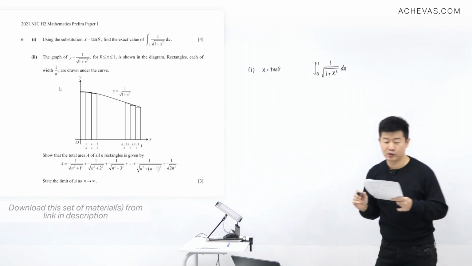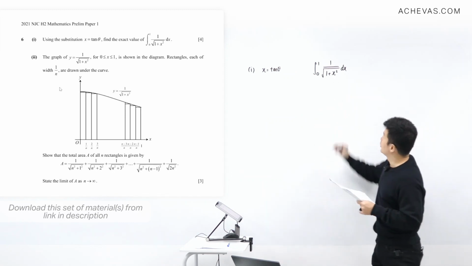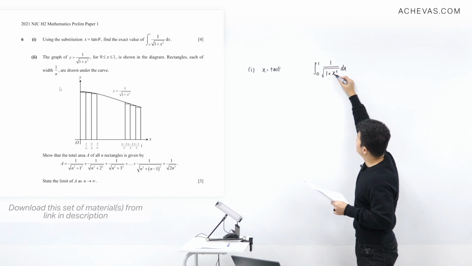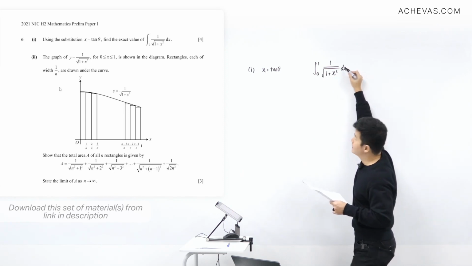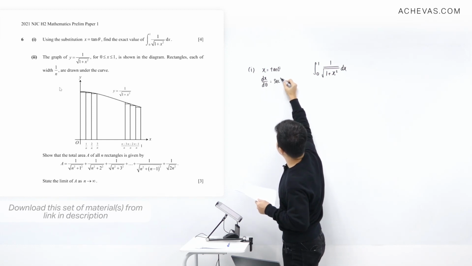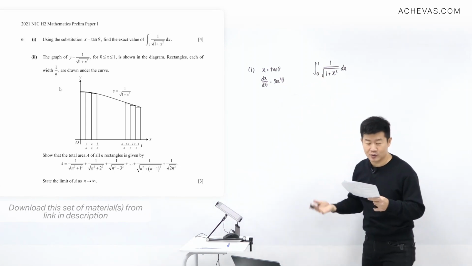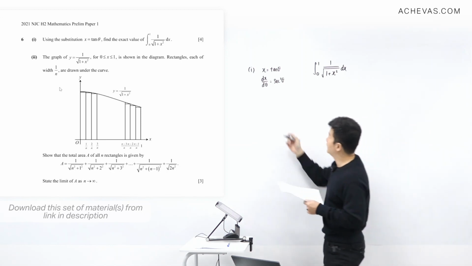So we're going to be trying to replace all the x by tangent theta. So this x will be replaced by tangent theta. We are going to be trying to replace this also. To do that, we will go for dx d theta, which is going to be equal to secant square theta. And we also need to replace these two x. This is when x is equal to 0 and x is equal to 1.